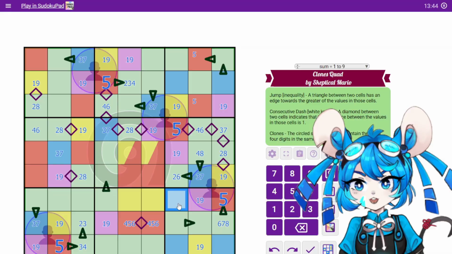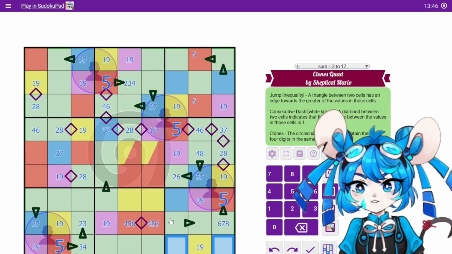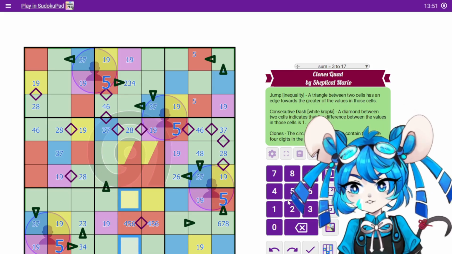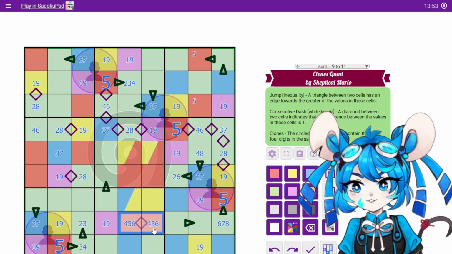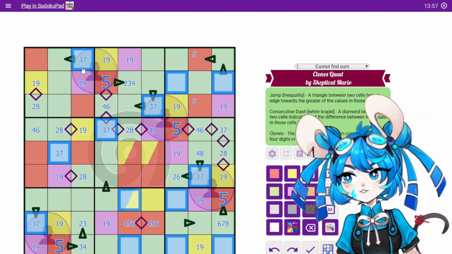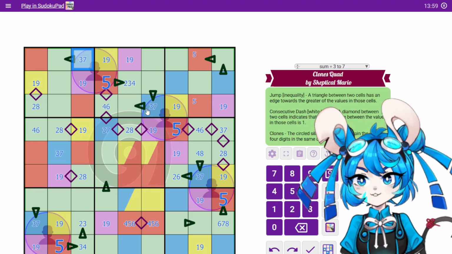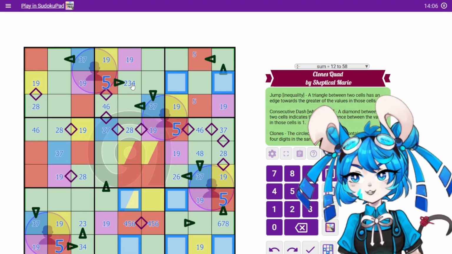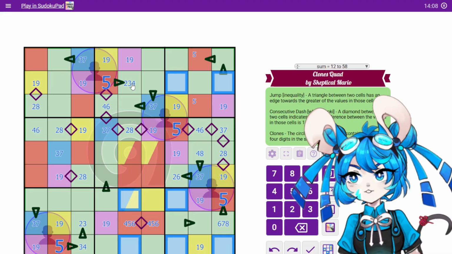Why did I write it in there? It can still be any of these 3. It has to go here or here because it can't go in this row. We knew that already. We have 3, 7. Yeah, so this is the last pattern of it.